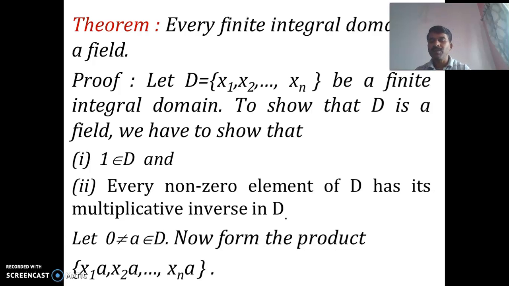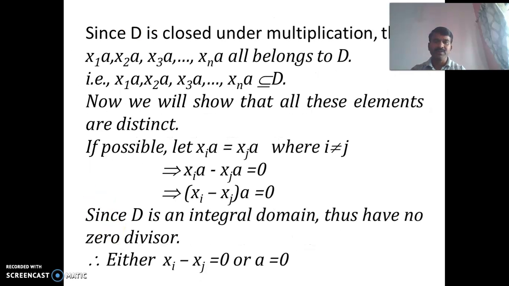So let a be a non-zero element of D. Now we form the product of these elements with a: x1a, x2a, x3a and so on up to xna.